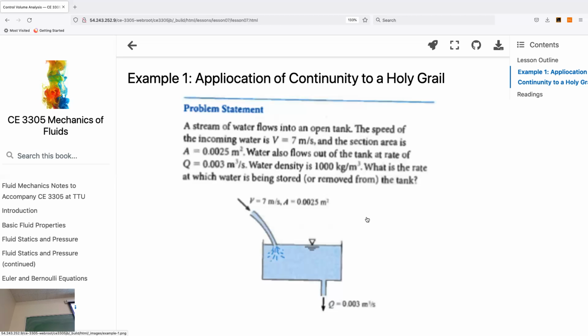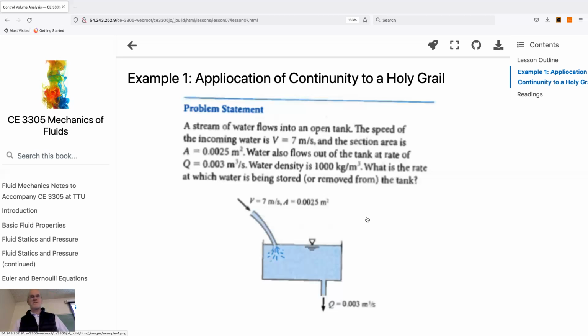This is special water that has a density of 1,000 kilograms per meter cubed, which means it has a specific weight of 9,800 newtons per meter cubed. What's the rate at which water is being stored or removed from the tank?